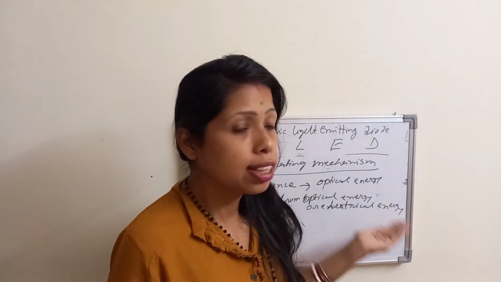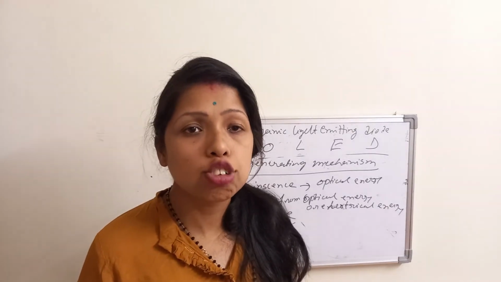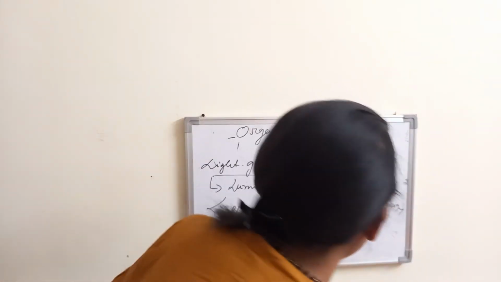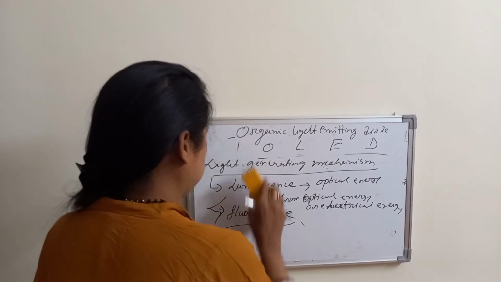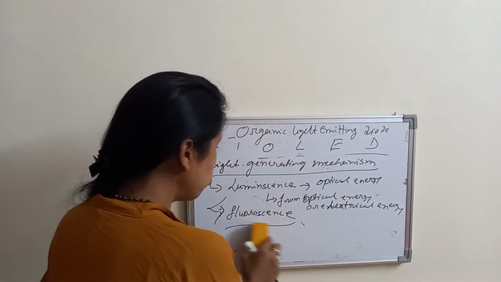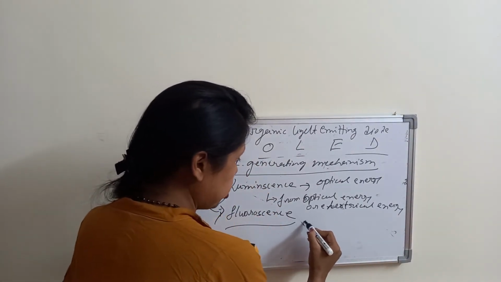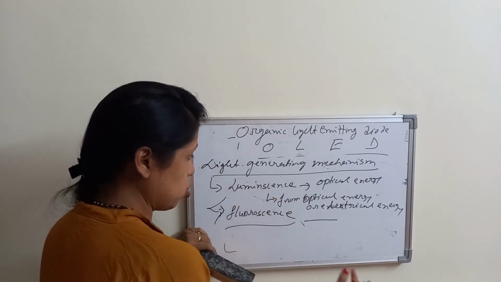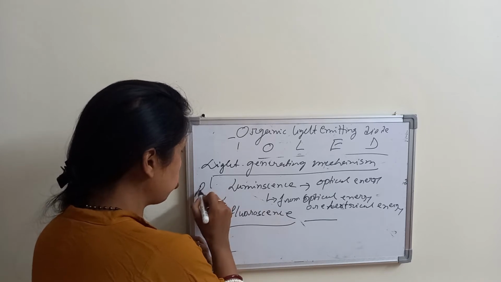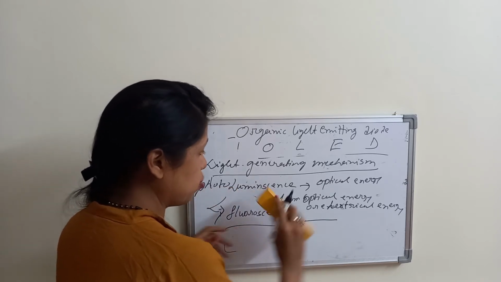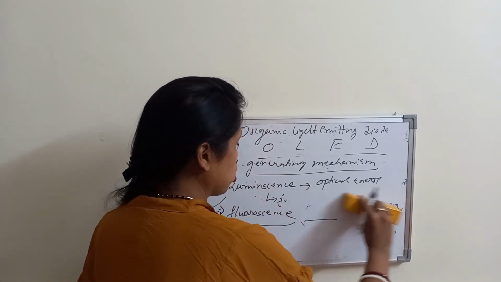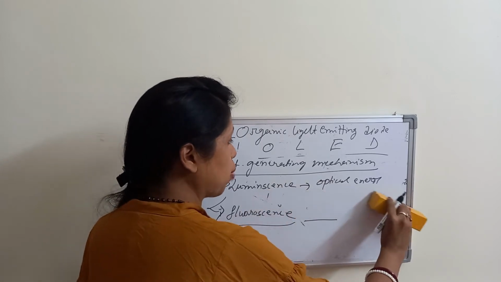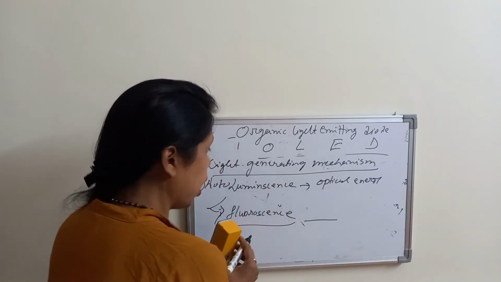Electrical energy is related to electroluminescence. Here fluorescent is under photoluminescence. In photoluminescence, the input is optical energy and the output is also optical energy.